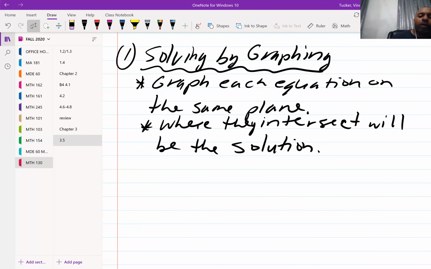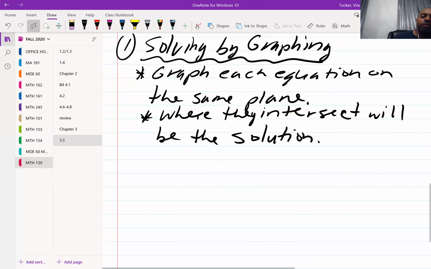When solving by graphing, you're once again going to have those three scenarios.